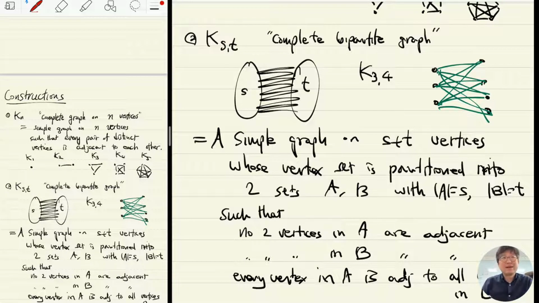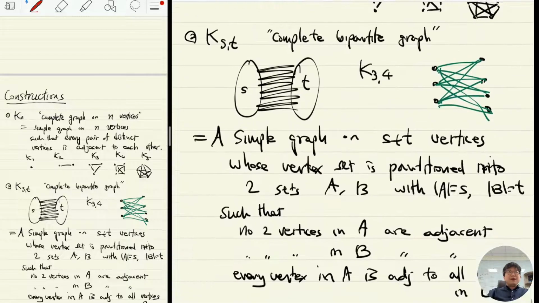Alright, so it's complete bipartite graphs.